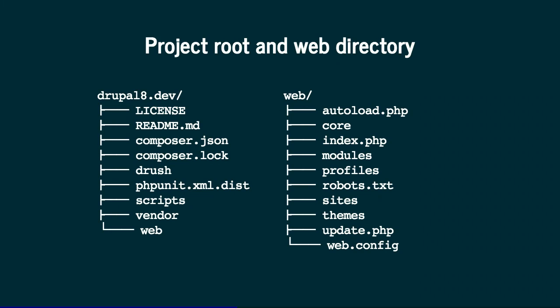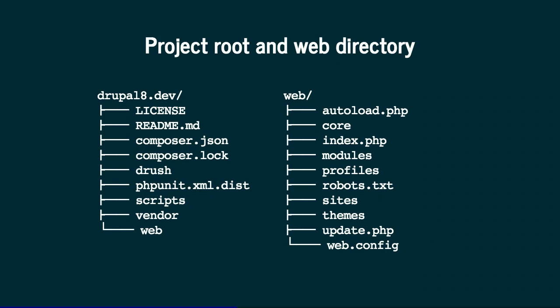It's kind of weird. Where's my index file? Because it has a web directory. The web directory is where all of the Drupal files are. Within the web directory, you have the autoload, the core directory, which contains all of the Drupal core code, the index.php file, as well as the modules, profiles and themes directories.